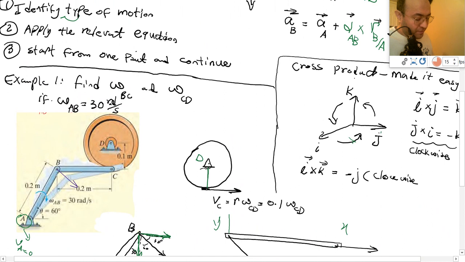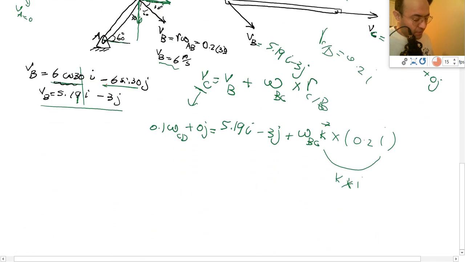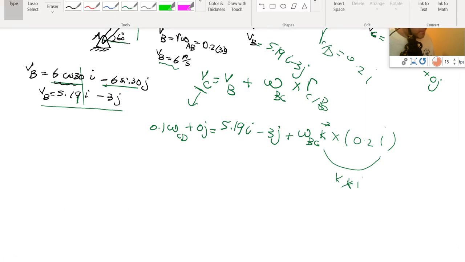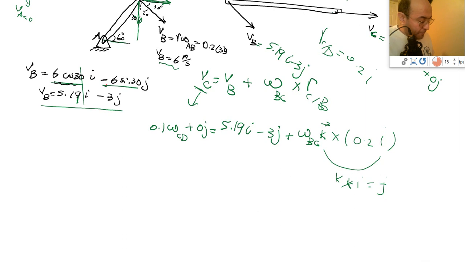So k cross with i is simply j, right? Because if you go from k to i, you're going to go counterclockwise. So k cross i is simply j, and in this case this would be simply equal to j.